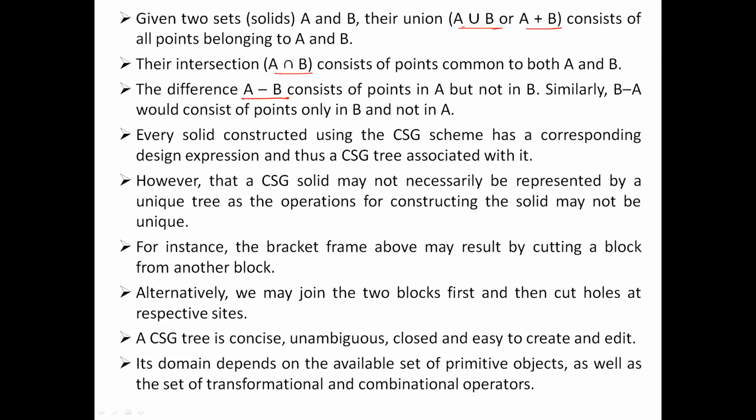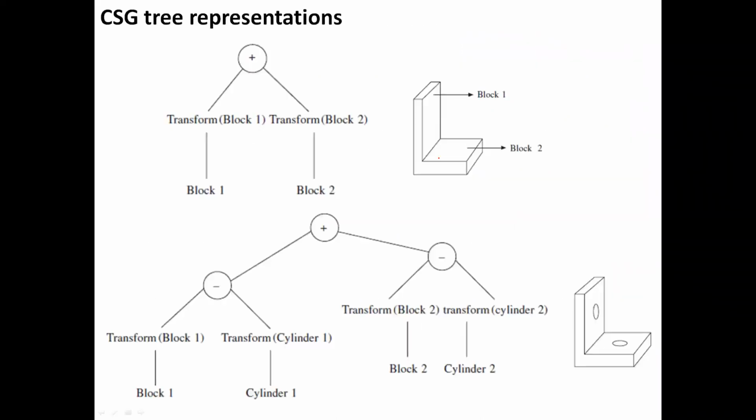Every model constructed through the solid geometry method, that is CSG, has a CSG tree associated with it. Every product can be associated with a CSG tree like this. There was a block 1, there is a block 2, that was transformed, and then it was added by union, and you get the desired product.